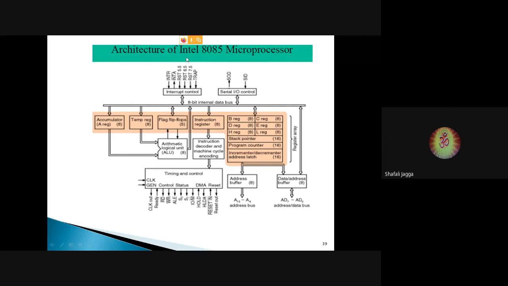If it wants to entertain that request, it will always complete the current instruction and switch to the program corresponding to these request signals. If the interrupt is non-maskable, it will entertain it. If it is maskable, it can ignore the request and keep executing its own program.